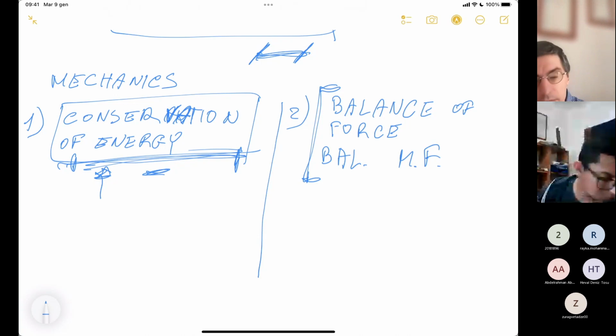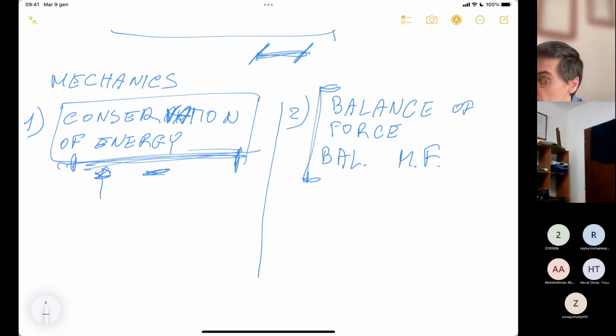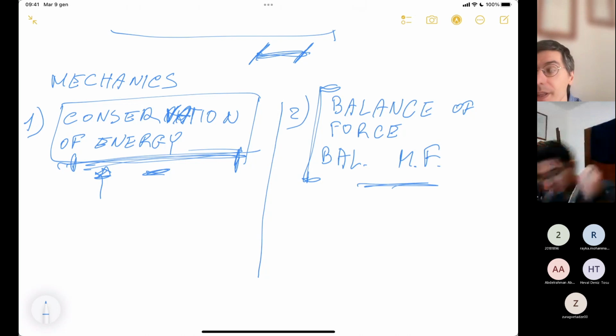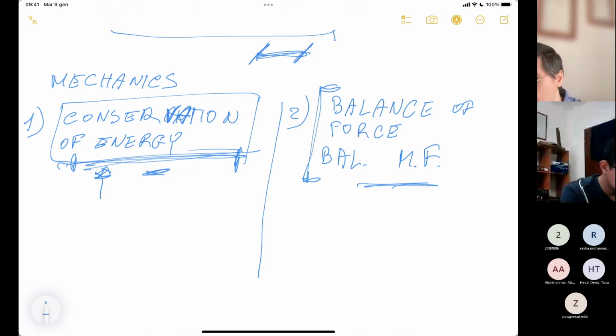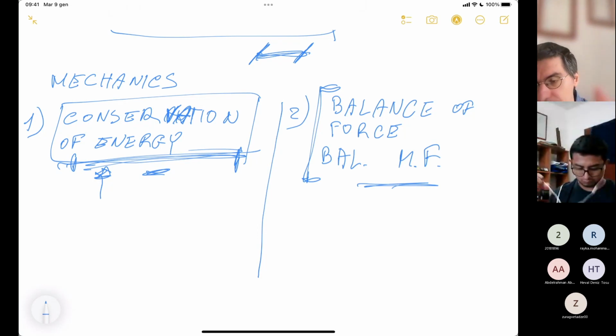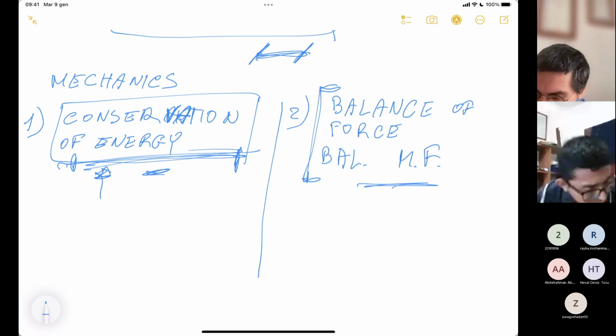We will show you why it is more general in some sense. Even because for certain materials, the balance of force and the balance of moment of force is not enough. So you have to introduce something else, and it's not easy to deal with generalization in the case of balance of something. Okay, so we will understand better this kind of stuff.